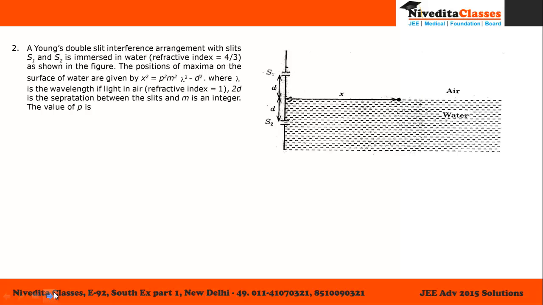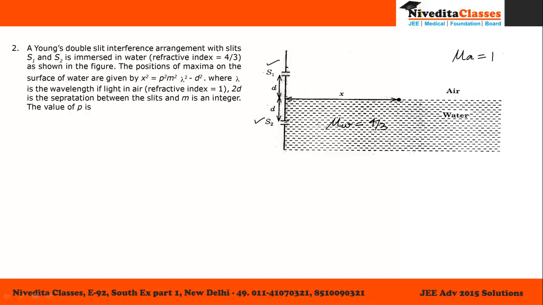we are given that this is a Young's double slit setup, and we have our first slit S1 which is in the air, and second slit S2 which is in the water. We are given that the refractive index of water is equal to 4 by 3 and refractive index of air is equal to 1.